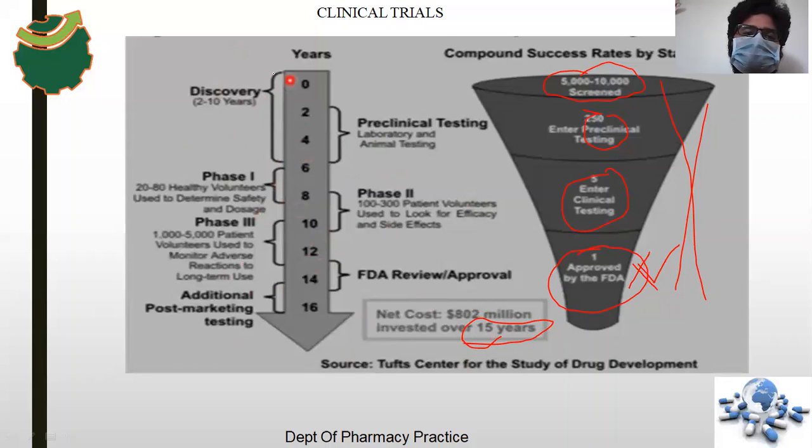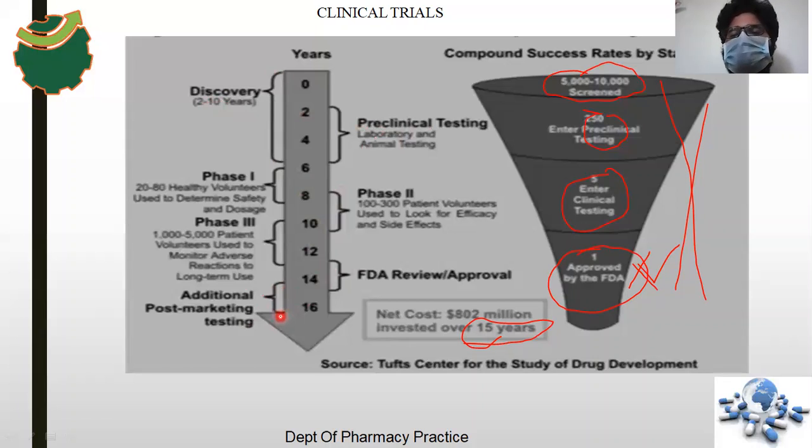They said the drug discovery phase will take 2 to 10 years, including preclinical testing. Then phase 1 will take 2 years, phase 2 3 years, phase 3 3 years, FDA approval almost 1.5 years, and phase 4 4 to 16 years.